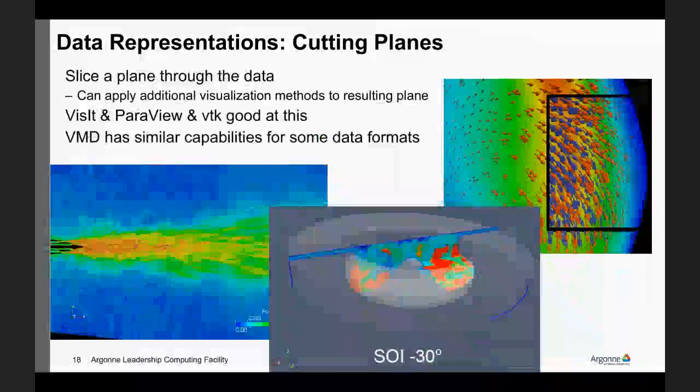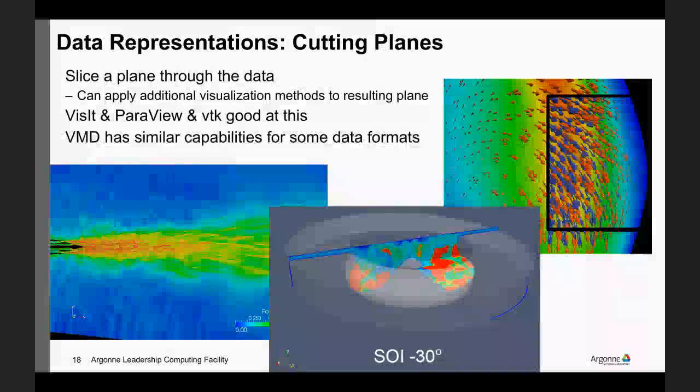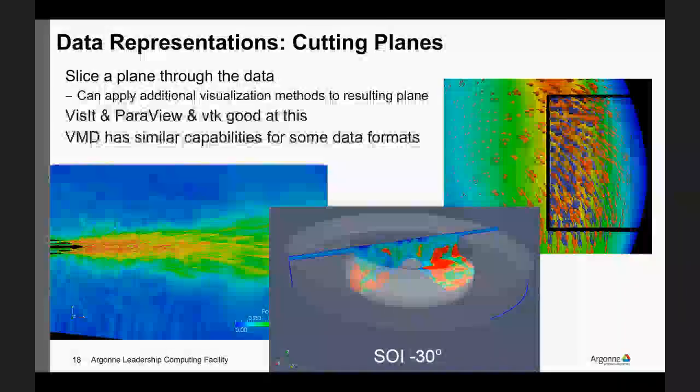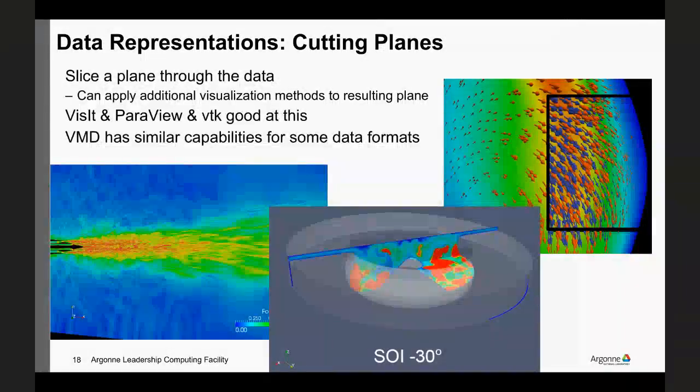So cutting planes, which is exactly what it sounds like. You take a plane and slice it through the data set, and show the value by coloring the vertices along that plane by the value that it slices through. Again, VisIt and ParaView are plenty good at this. VMD has some similar capabilities for some data formats. And you can also combine these.